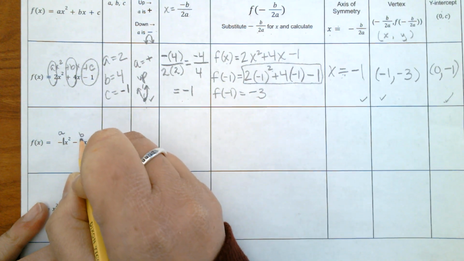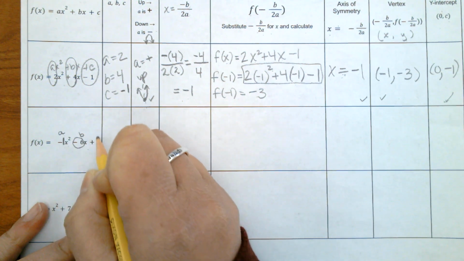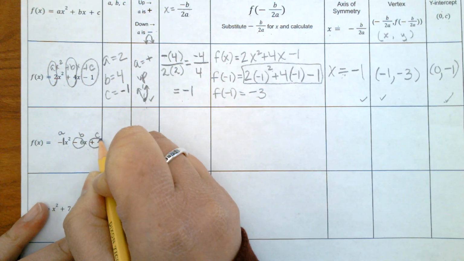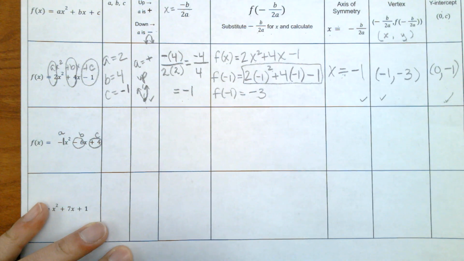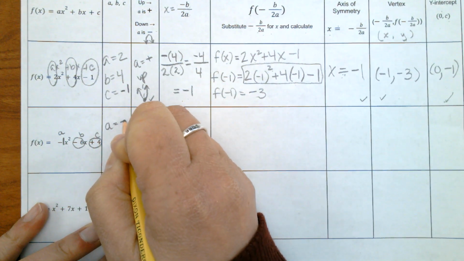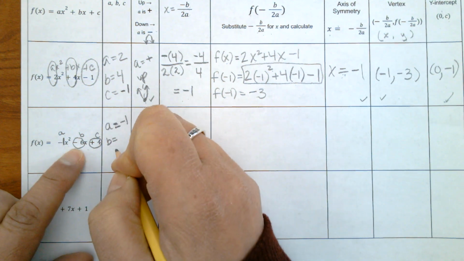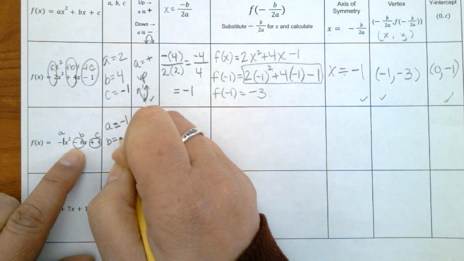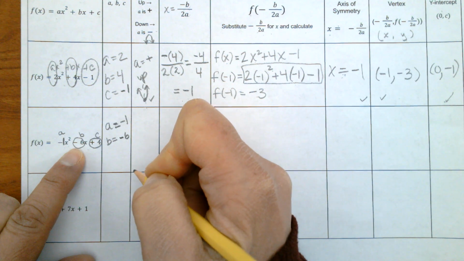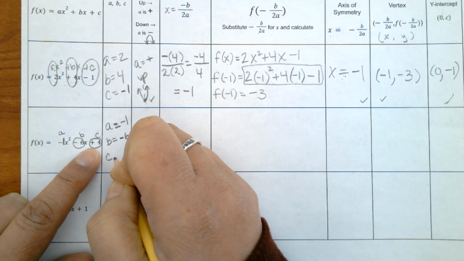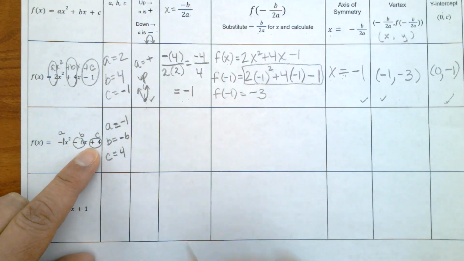Here's b. b is attached to the x. Here's c. c does not have an x next to it. So our a is going to be -1. Our b is going to be, notice I circled the minus sign because it's going to be -6. And our c, notice I circled the plus sign because it's going to be +4.